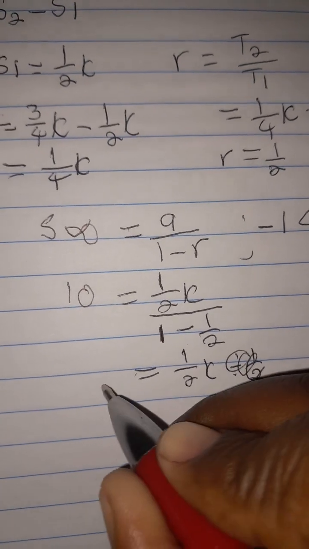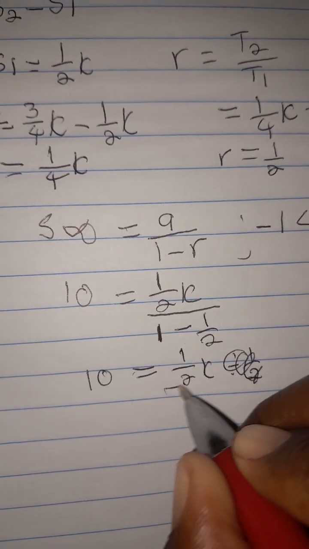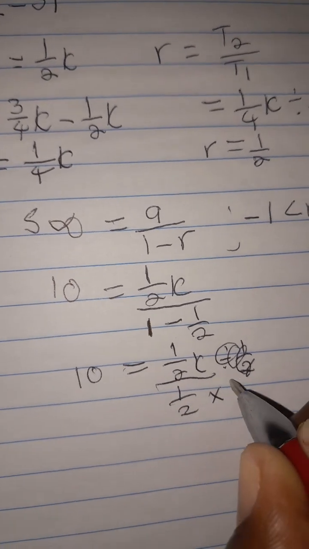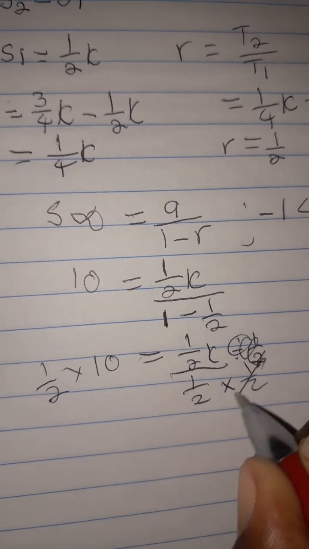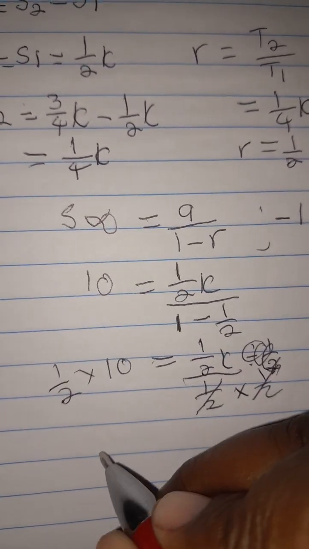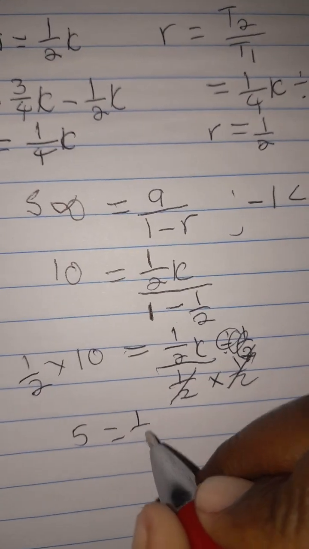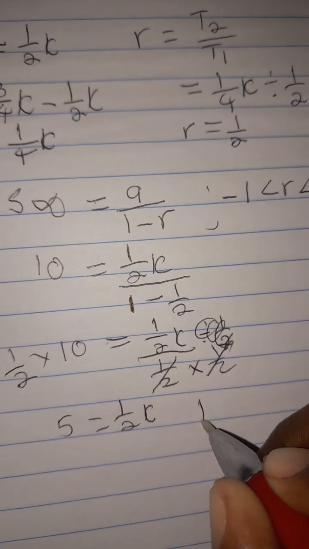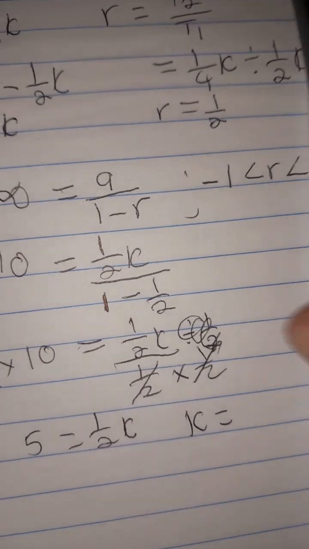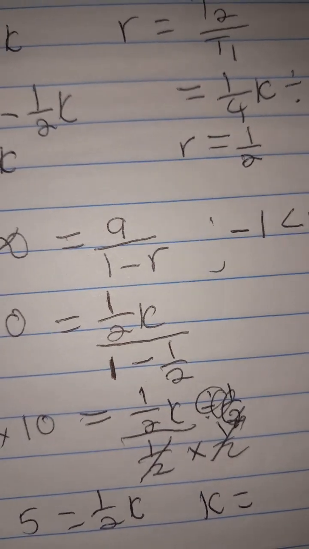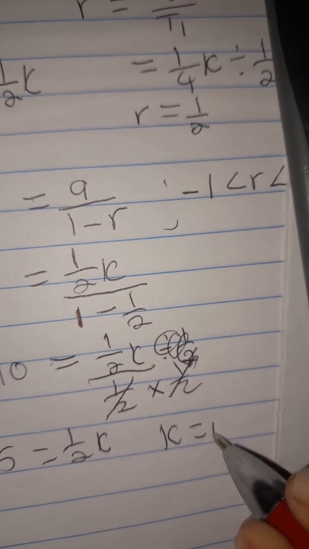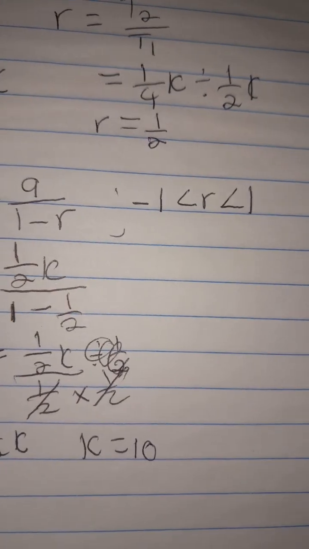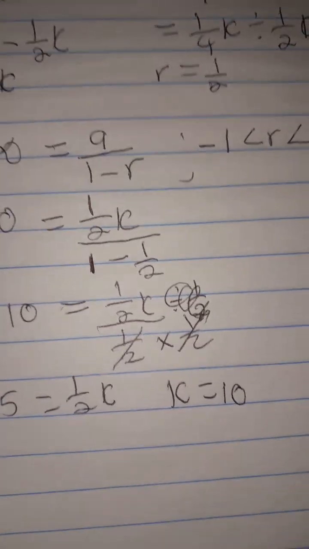The easiest way is to multiply both sides by half. Half and half cancel, half of 10 will be 5, then we have half k. Then we divide both sides by half: 5 divided by half is 10. So we get k as 10.